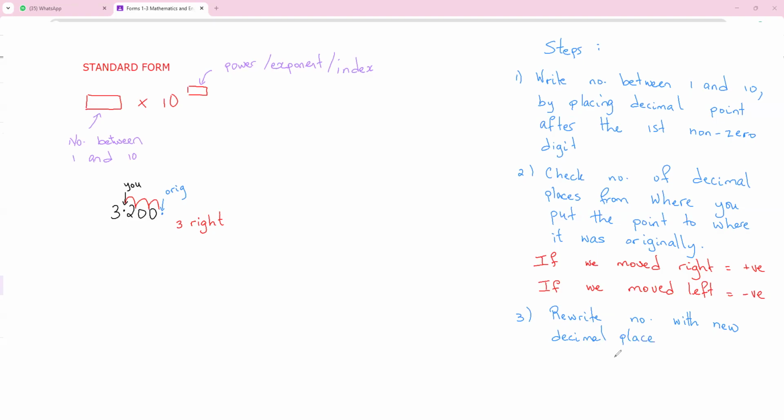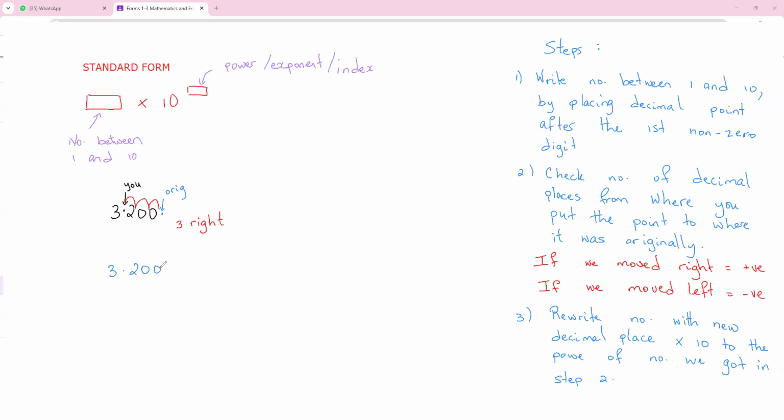So the decimal point in its new place multiplied by 10 to the power of the number we got in step 2. Right? So we will write the number with the new decimal place. So the new decimal place is here.